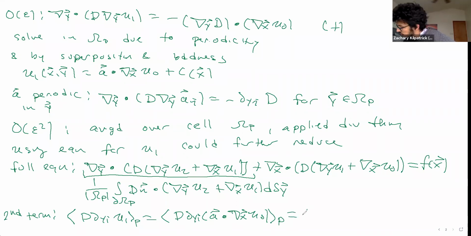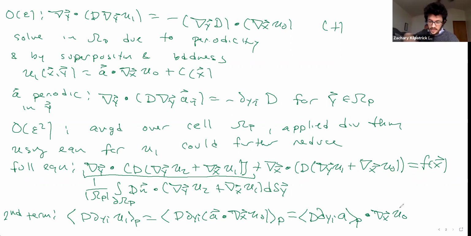This is equal to the average of dy_i A averaged over the cell dotted with the gradient of x u0, because this is not defined over the micro scale, so we can pull it out of an average that we're taking over the y variable because we're treating it as a multiple scales problem.